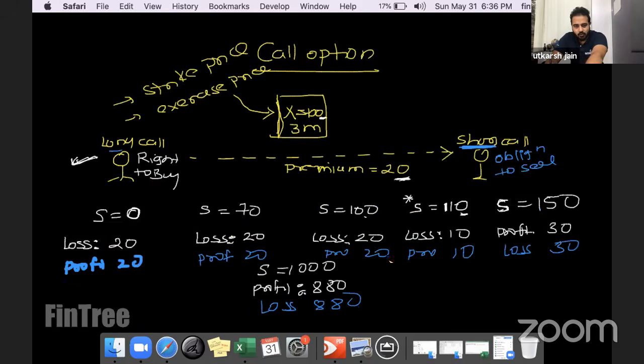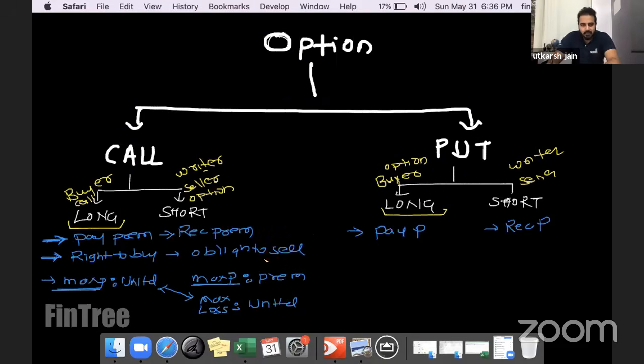When things are going good, look at the blue color, the maximum profit he's making is just 20. So maximum profit is premium. And if you know this, then you figure out what is going to be the maximum loss. Okay, now I'm kind of overstepping on FinTree area here, but that maximum loss is going to be, help me with it, unlimited, right? So that's how you want to think of long call and short call.